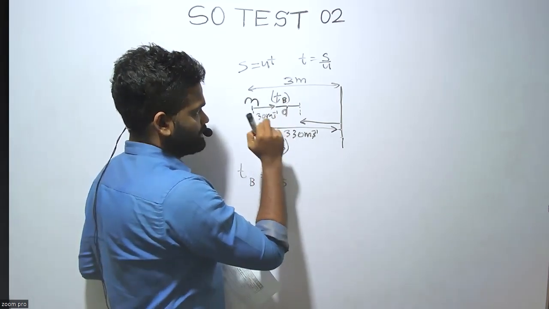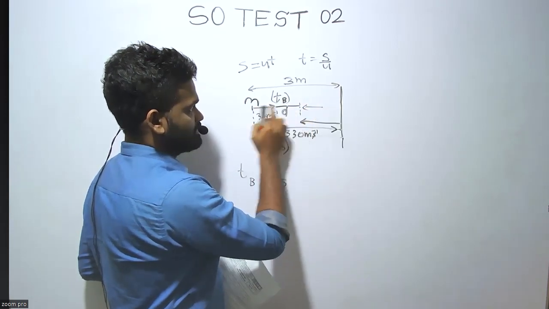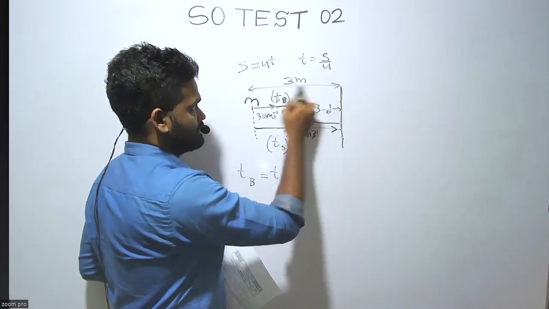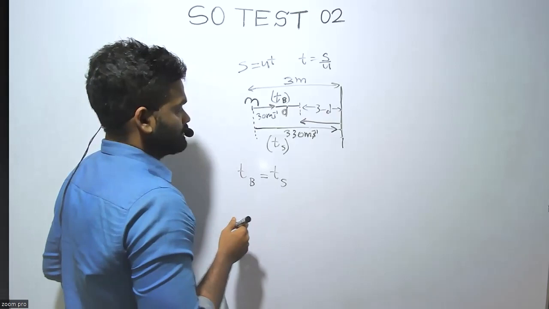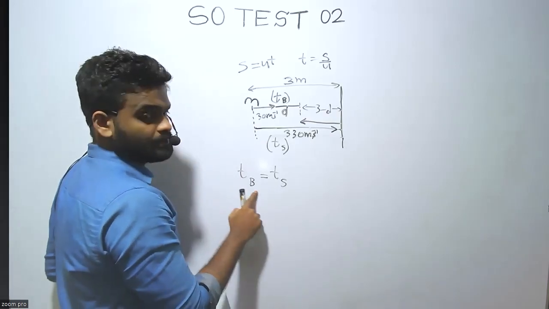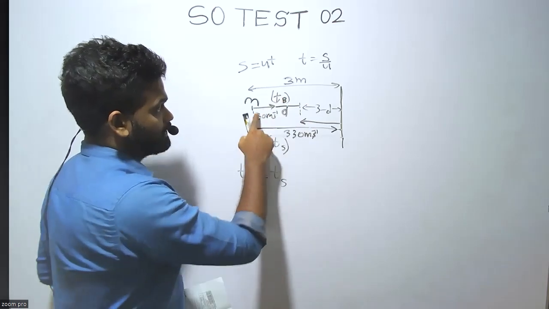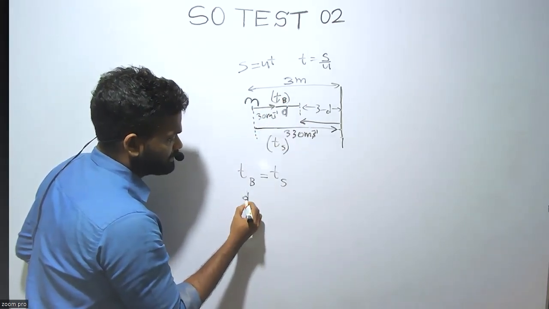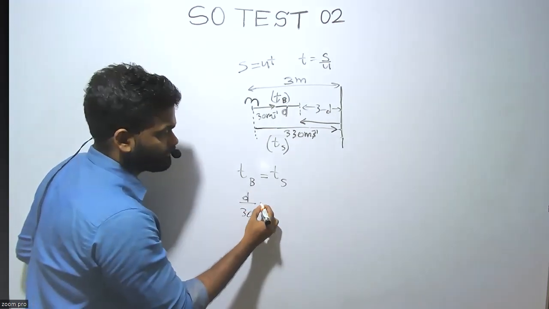If it is d, then this should be 3 minus d, right? Then I need to get the time for the bat. So bat moves from here to here within tb at speed 30. So distance moved by the bat is d at a speed 30. This is equal to tb.